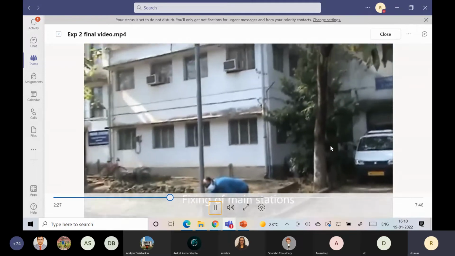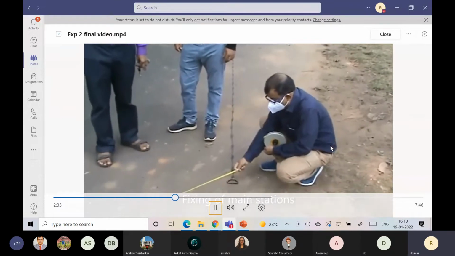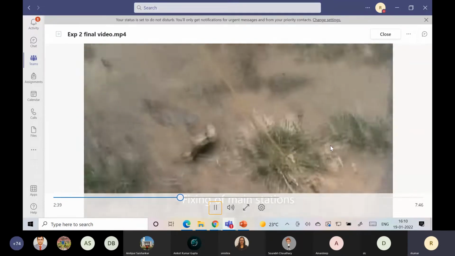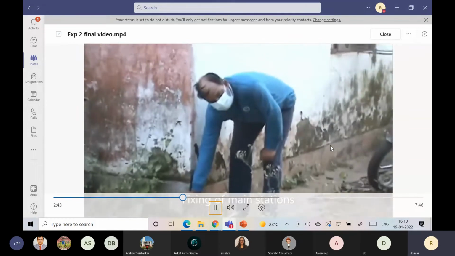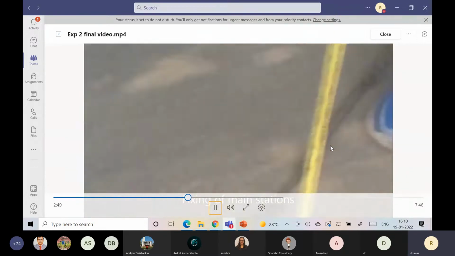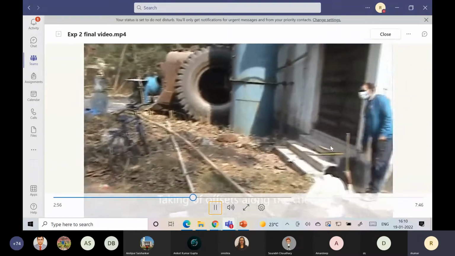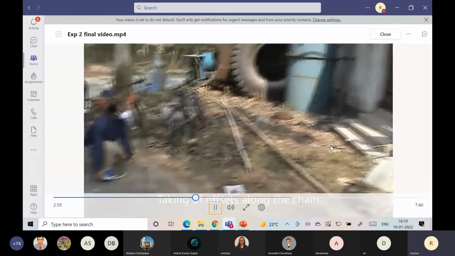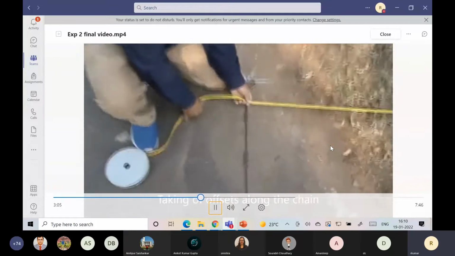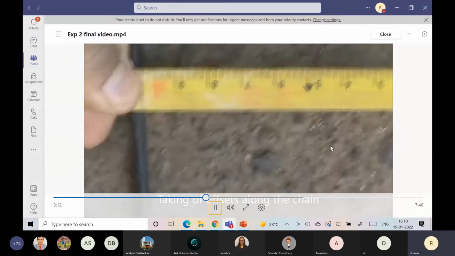This is the pole. Here we are taking the offset along the chain.